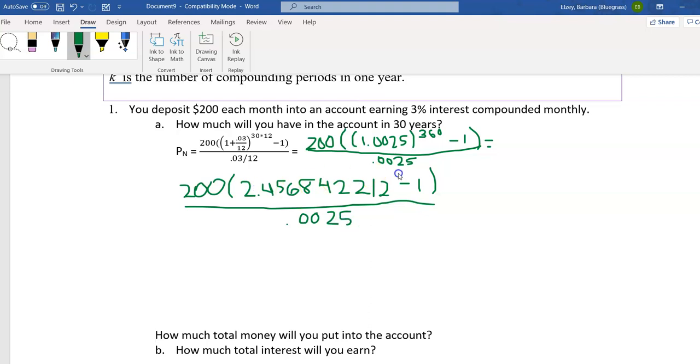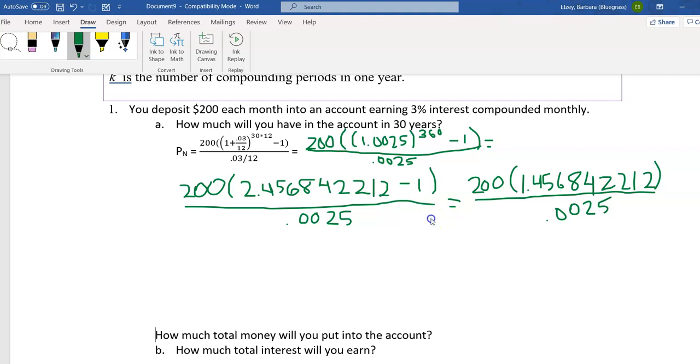Now let's finish the inside of these parentheses. So I'll have 200 times 1.4568 when I subtract 1 from that first number, 42212. So I just did this minus this. Now let's finish off the top.